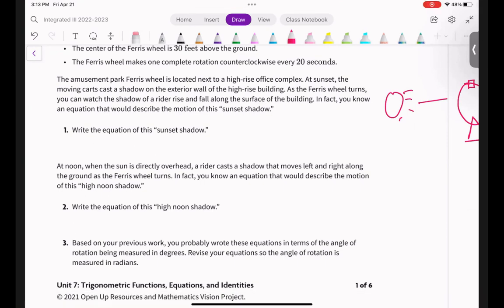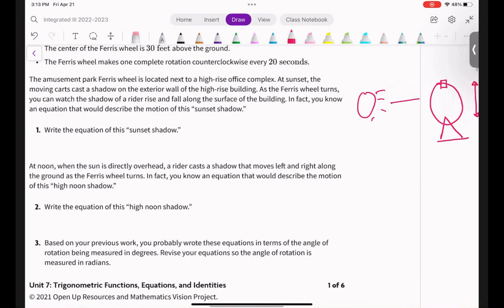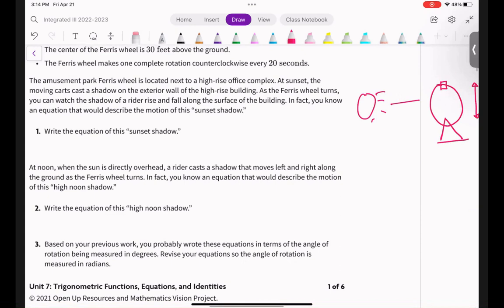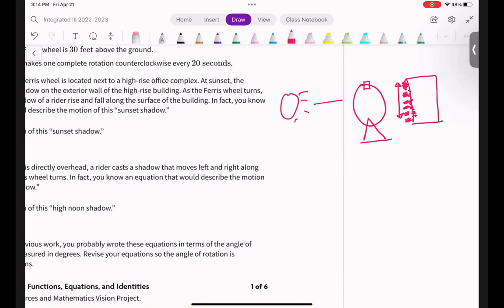So go ahead and take some time and think about, okay, how would I do that, and what does that look like? Okay. So the way that I would figure this out is, because we're looking at this shadow, the shadow is going up and down.